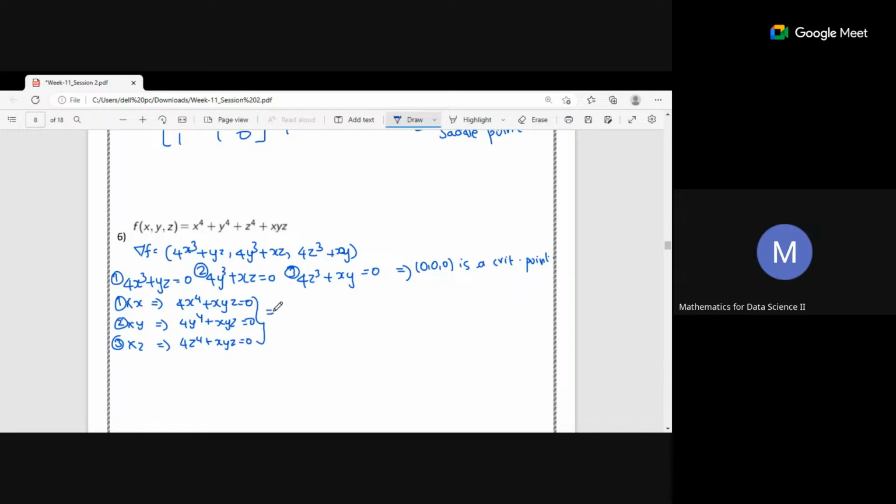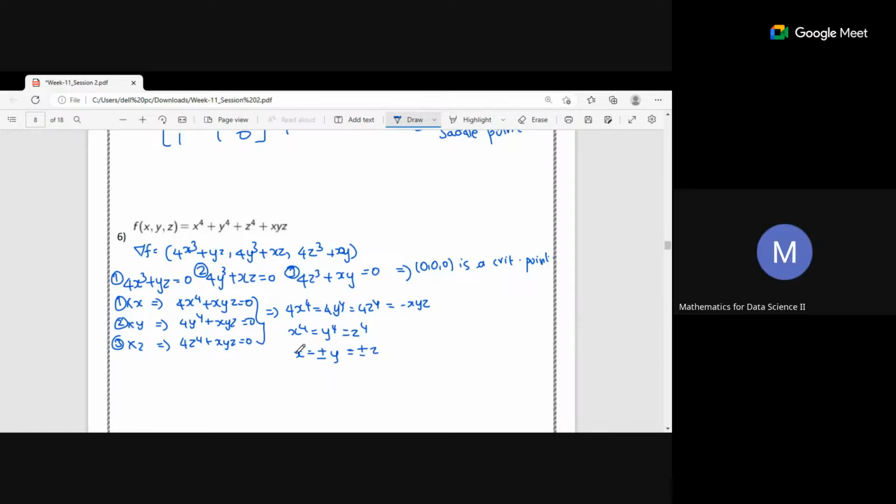From here, what do we get? 4x power 4 equal to 4y power 4 equal to 4z power 4, which is actually minus xyz. This is what we get from all these equations. Now, that is x power 4 equal to y power 4 equal to z power 4. So what does this mean? x is equal to plus or minus y, and x is equal to plus or minus z. Correct? Yes, ma'am. So this is what we have.